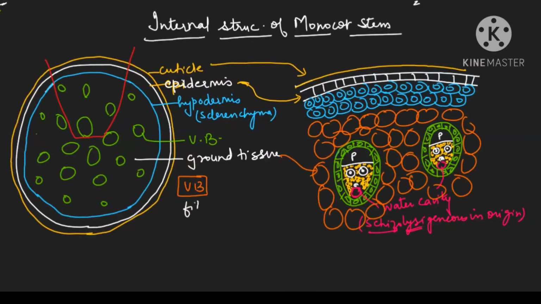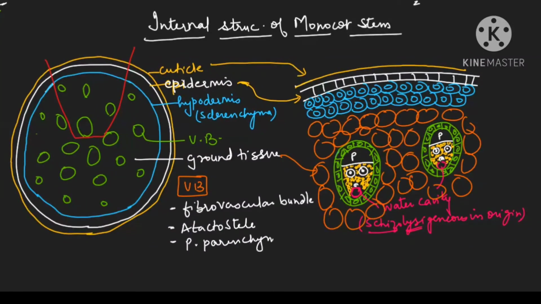They are fibrovascular bundles. Fibro, why? Because they have a bundle sheath around them. So, fibrovascular bundle. Second, they form an atactostele. Third, phloem does not have phloem parenchyma.